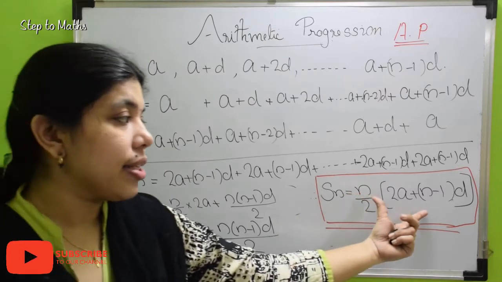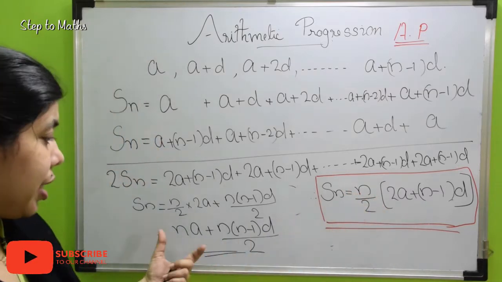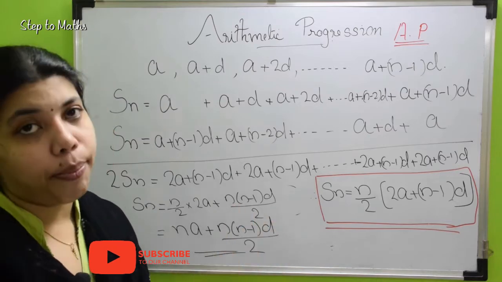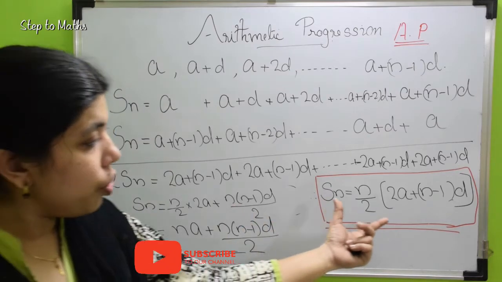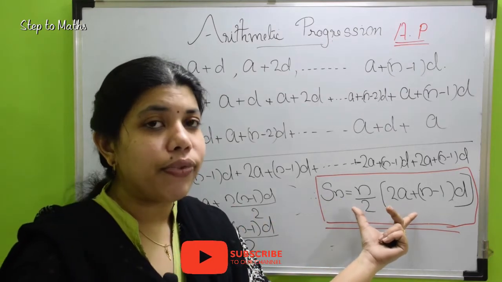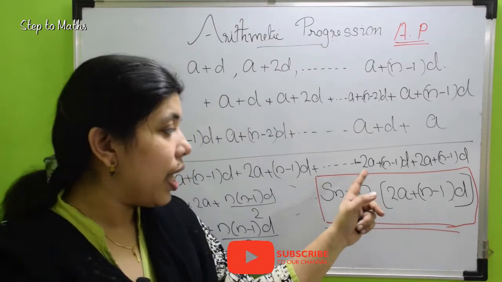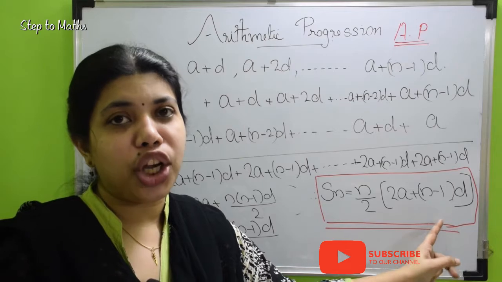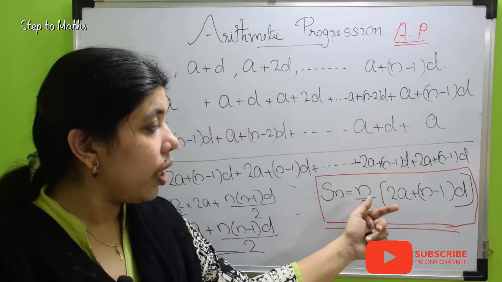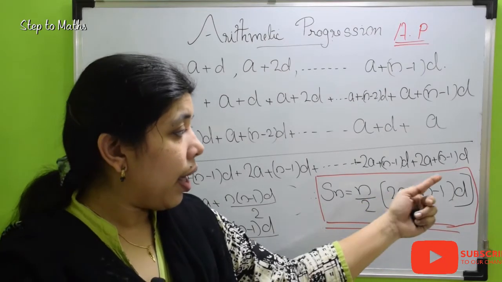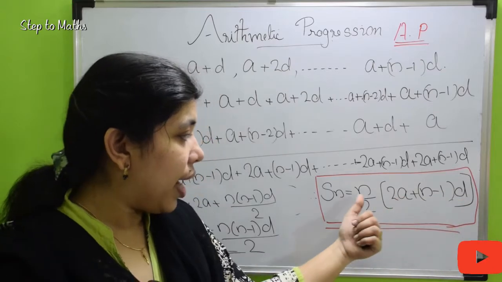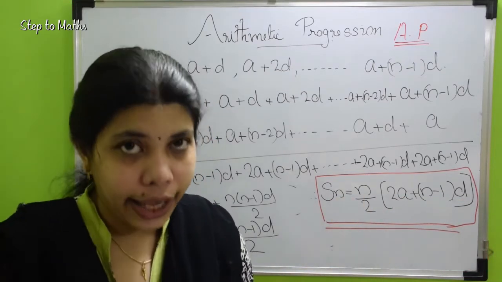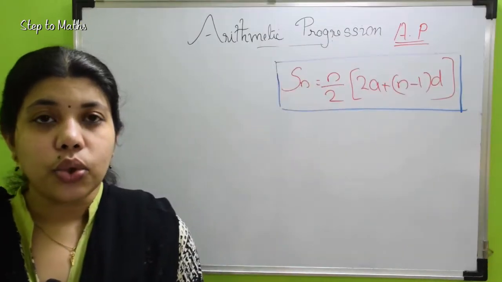We can rewrite this same formula as Sn equal to n into a plus n into n minus 1 into d upon 2. But generally we use this formula: sum of the first n terms of an AP is n upon 2 into 2a plus n minus 1 into d. If we know the first term and the common difference, then we can find the sum of the first n terms of an AP.